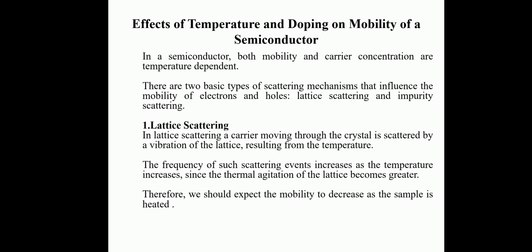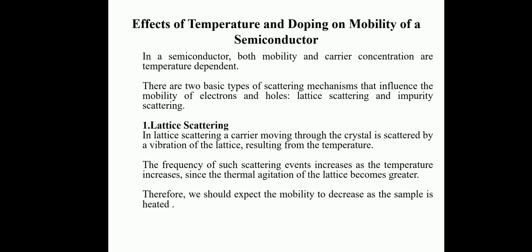There are two basic types of scattering mechanism that influence the mobility of electrons and holes: lattice scattering and impurity scattering. Mobility depends on the scattering mechanism, and the scattering mechanism depends on temperature.